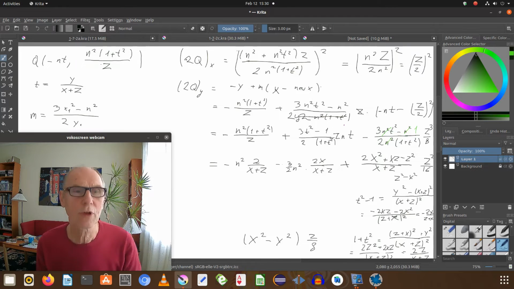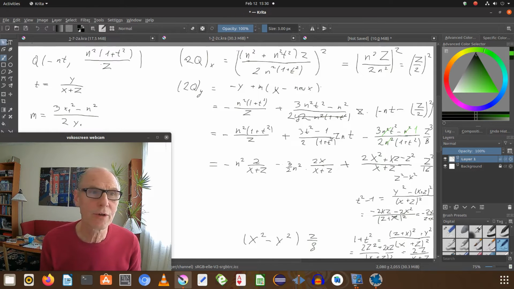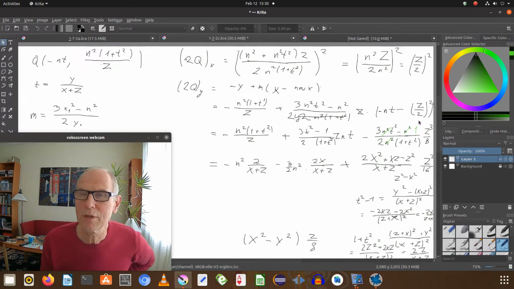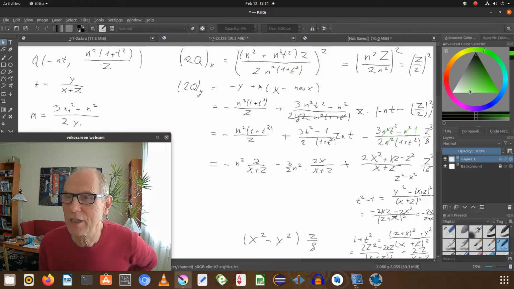I was just looking around to see if there was some obvious reduction in this parenthesis. That would be lovely, but I didn't see one. So we have to multiply by 4 here, and nt, that's xy, so we get y squared. Or maybe there is a reduction. I think I ought to do that, just to check.